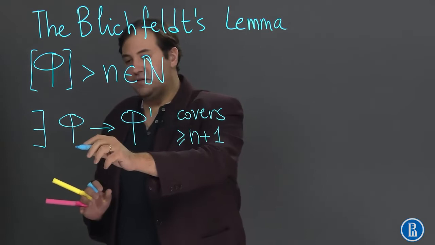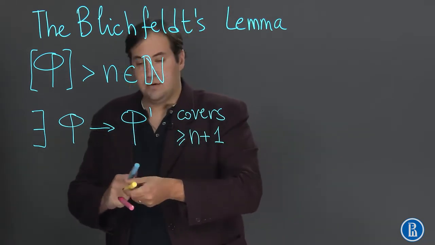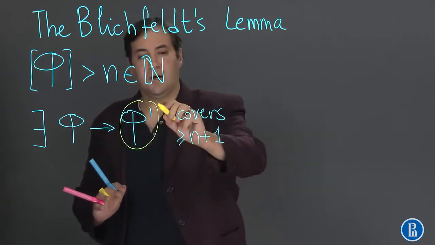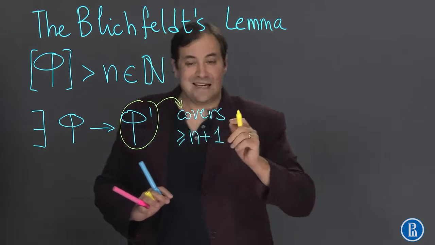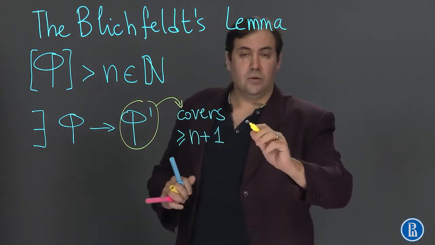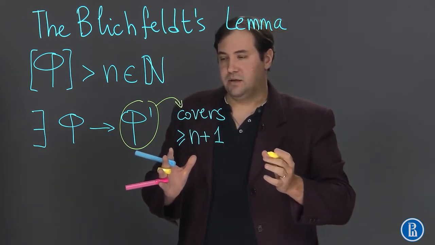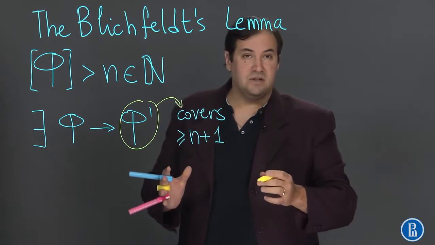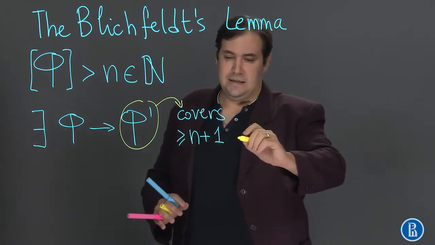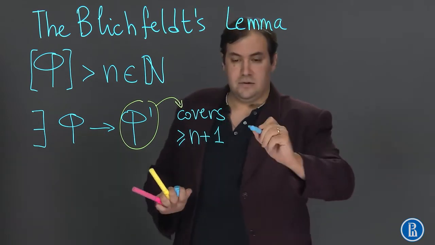So phi prime, this figure here, not phi but phi prime, covers at least n plus 1 points with integer coordinates, or we can call them integer points or nodes of the grid or nodes of the lattice. All these are synonyms. So at least n plus 1, well, let's call them nodes.